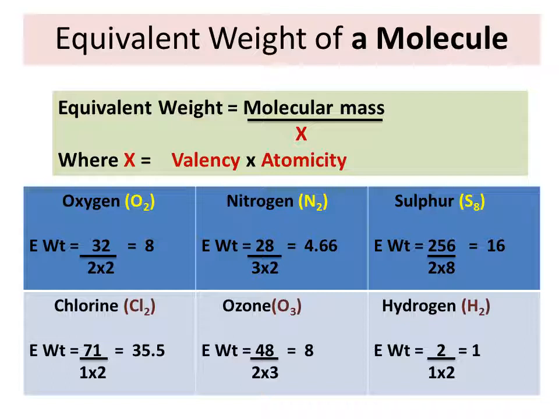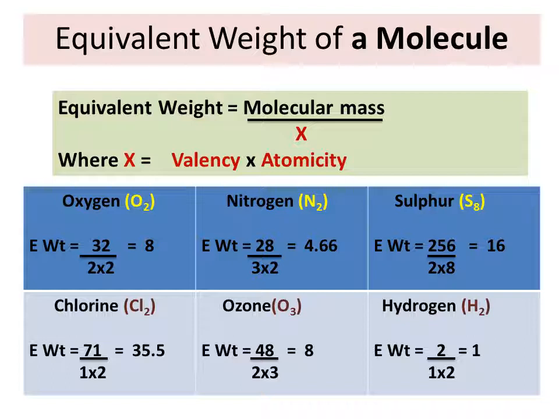The valency of oxygen, we know, is 2, and atomicity, because there are 2 atoms, is also 2. So 32 divided by 2 into 2, that is 32 upon 4, and that comes out to be 8. So equivalent weight of oxygen in oxygen molecule is 8.